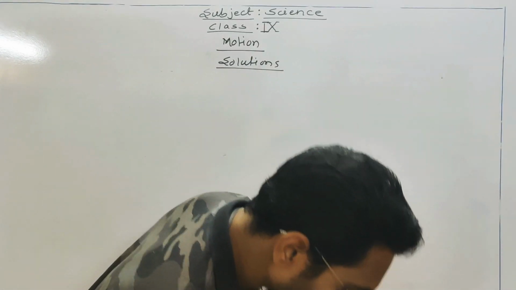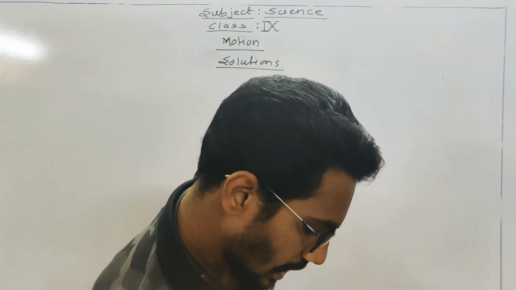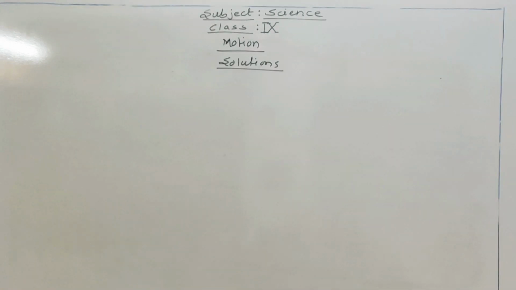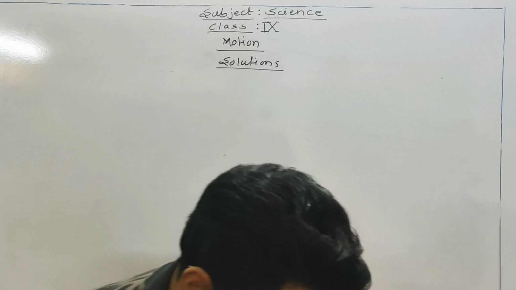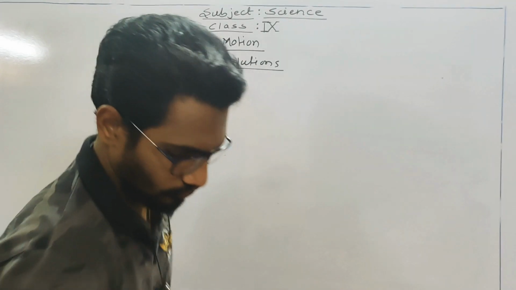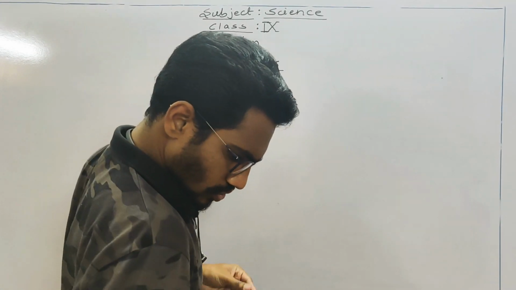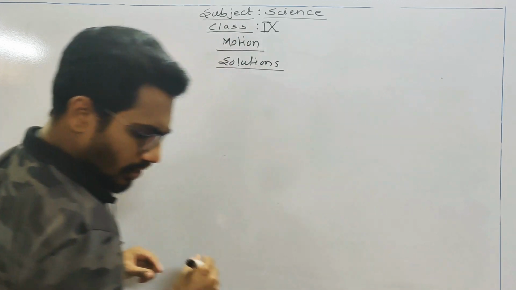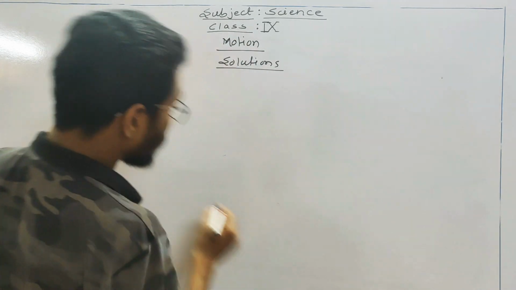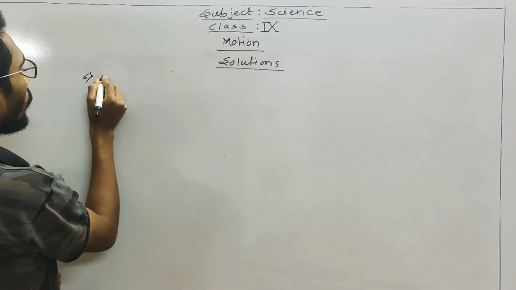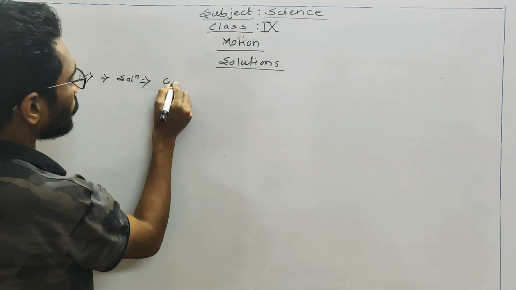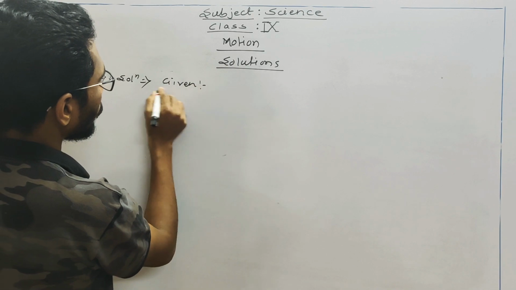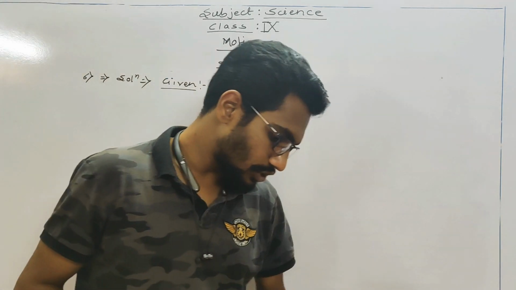Now our next question will be about an athlete completes one round of a circular track. Question number 6, solution. First, what is given? So I am going to read the question for you.